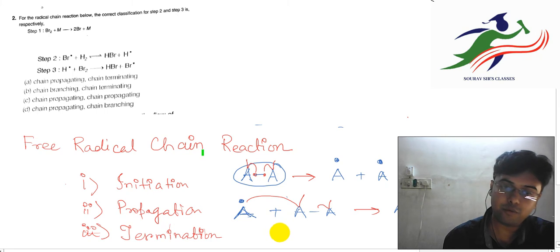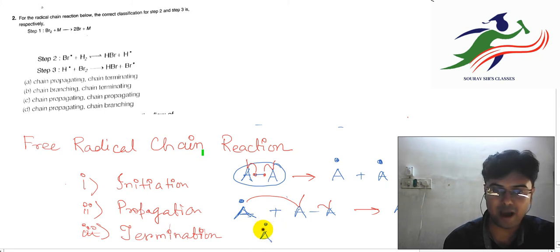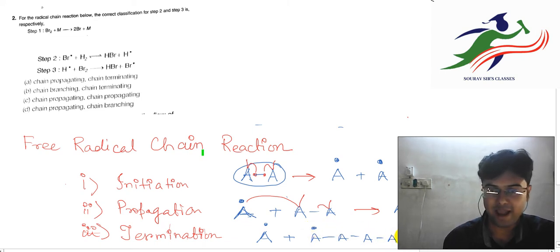And what would be a termination step like? Say if you have a free radical and say you have a propagating chain like this, it may also be a single free radical also, and if they combine to just stop this reaction, then it will be called a termination.